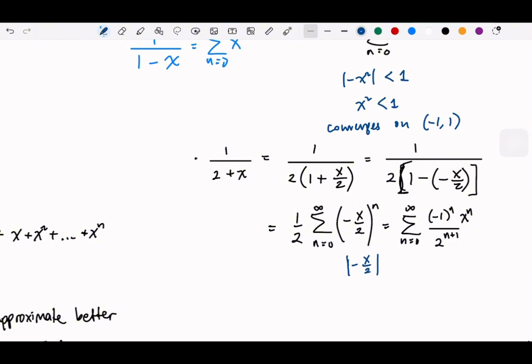So that should be less than 1. So it converges on negative 2 to 2.